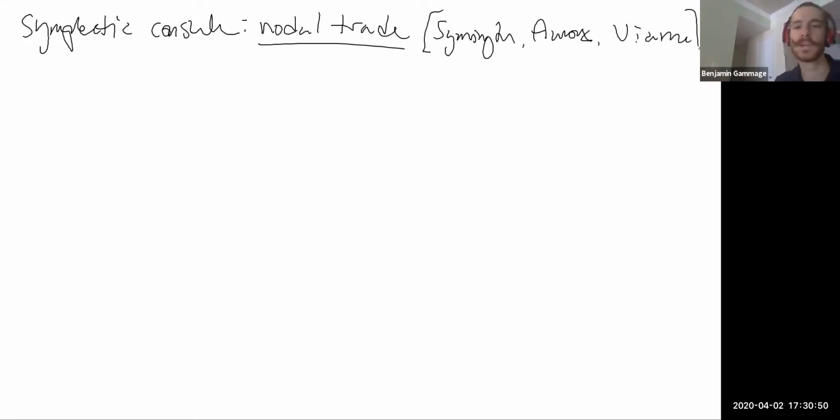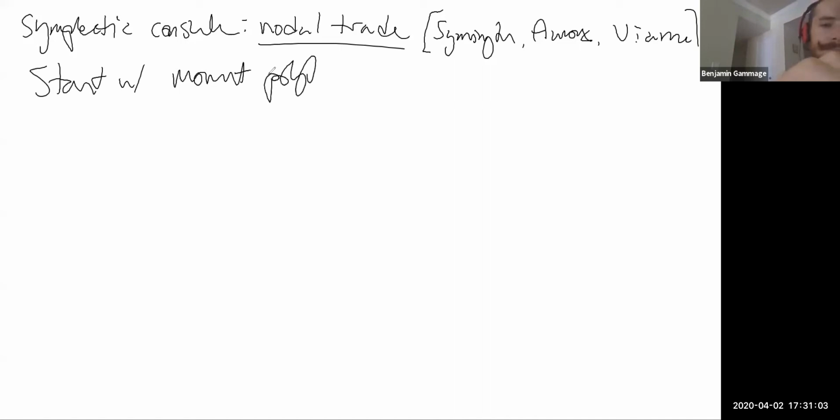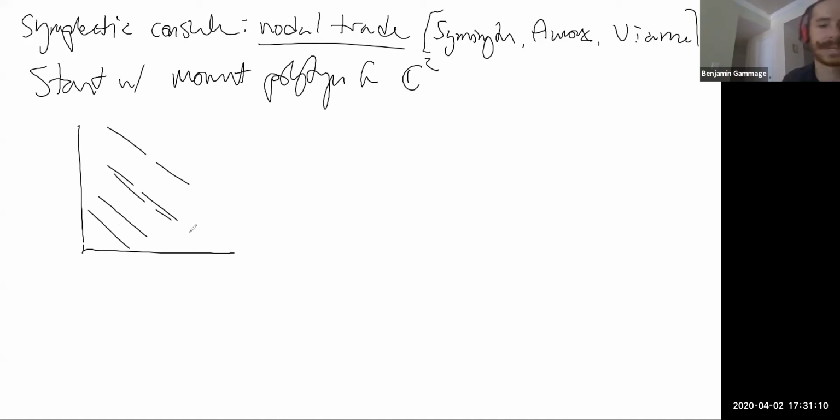So what is this nodal trade? The idea of a nodal trade is to start with the moment polytope for C2. So here's the moment polytope for C2.